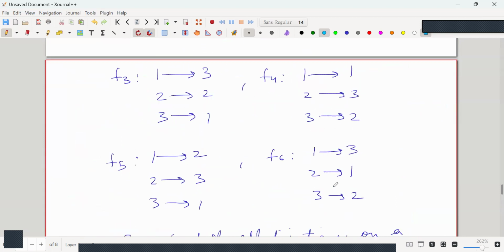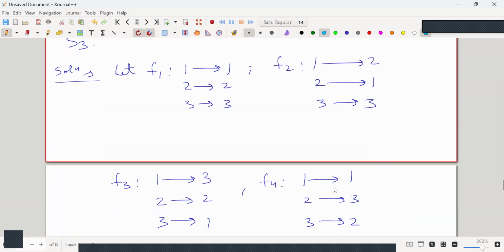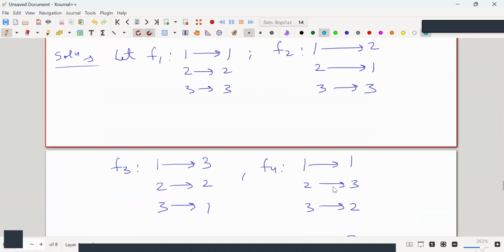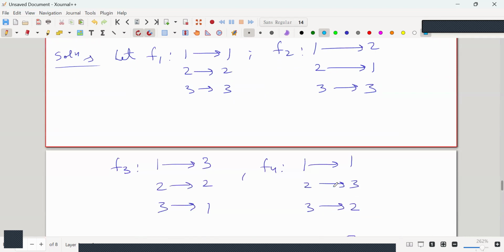So F3 maps, just try to see, this is 1 3 and this is 1 2. So 2 here is just fixed, 2 going to 2, but here 2 is going to 1. So 2 will go to 1 as a whole output.